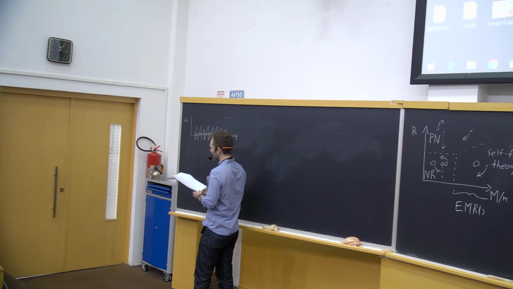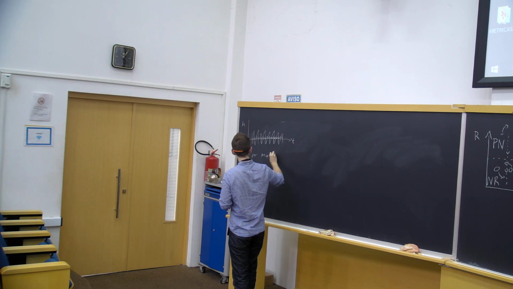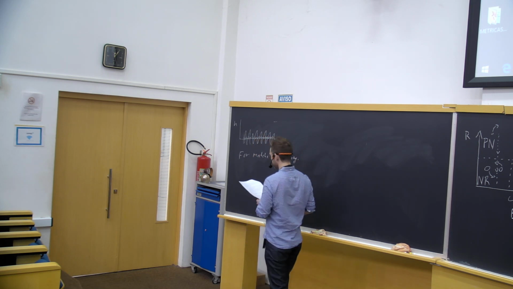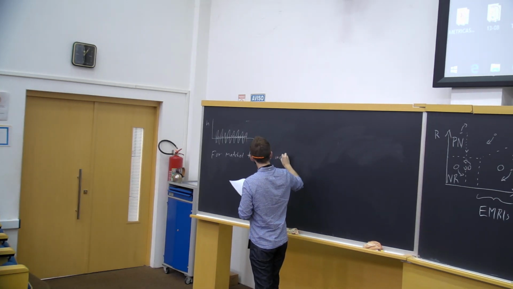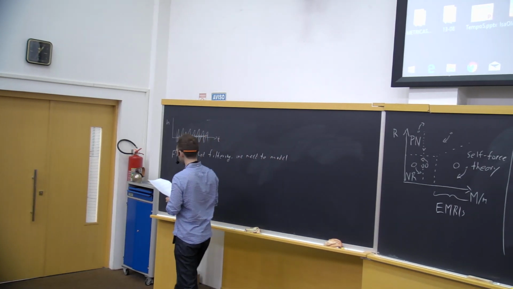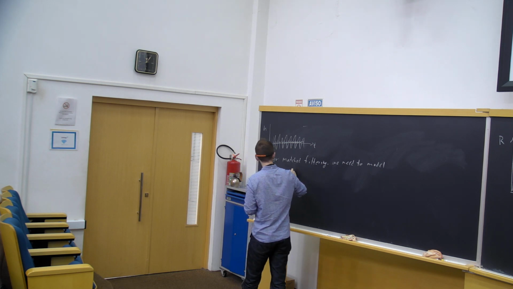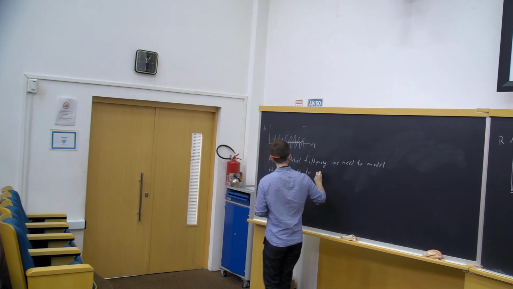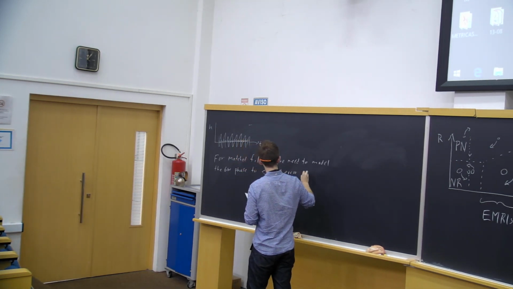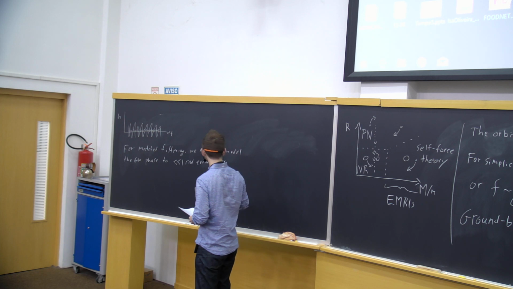But to do that kind of matched filtering and get those kinds of measurements, we need to model this waveform, in particular the phase, to much, much smaller than 1 radian error over the roughly 10 to the 5 orbits that we are observing.